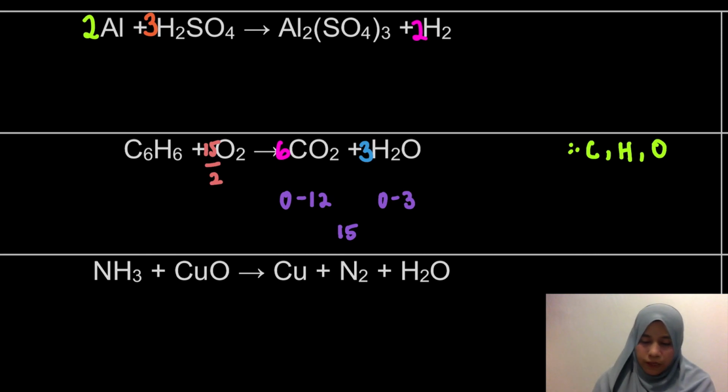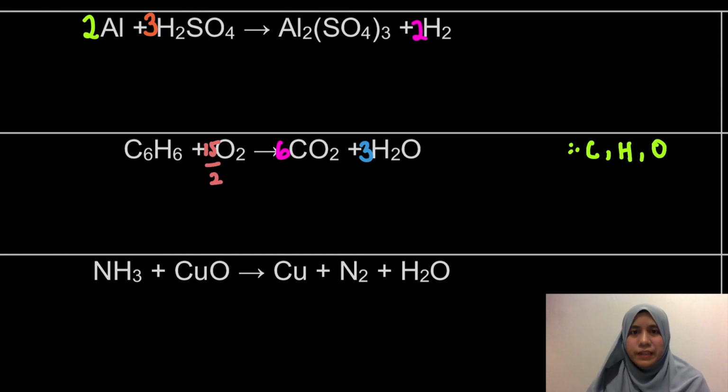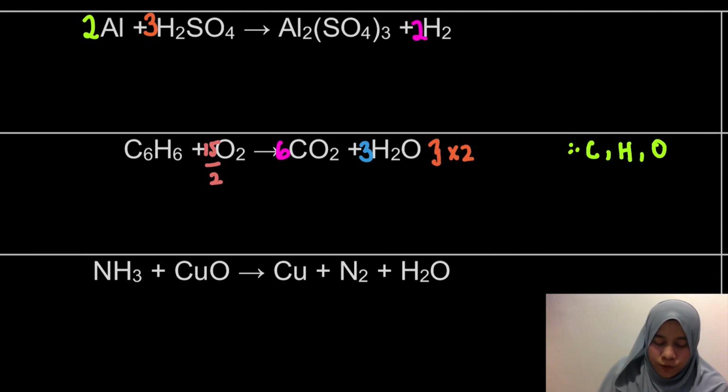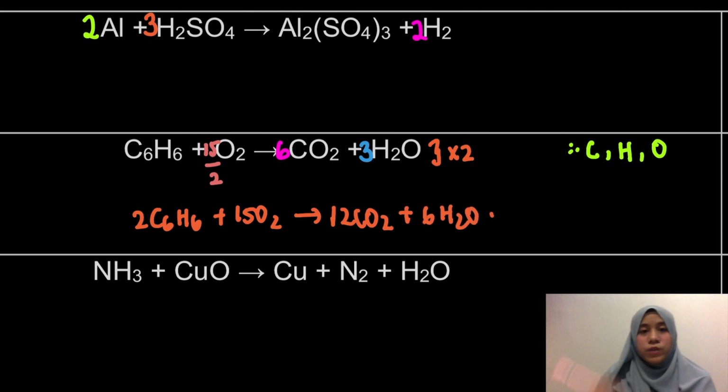Okay. So yang ini pun dah cukup. Okay. Tak nak lah ada fraction ni. If you want to write it again, boleh je. Maknanya semua ni kita multiply by 2. Ni boleh juga semua ni multiply by 2. So I will get 2C6H6 plus 15O2 jadi 12CO2 plus 6H2O pun diterima juga.